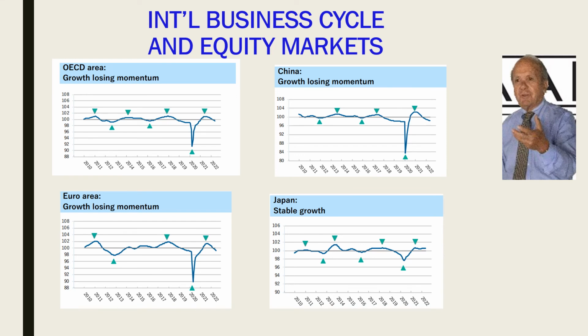The difference is that all major areas, China and Europe, are coming down. So slower growth ahead. The only large country that's showing decent growth, I mean survival level of growth, is Japan.